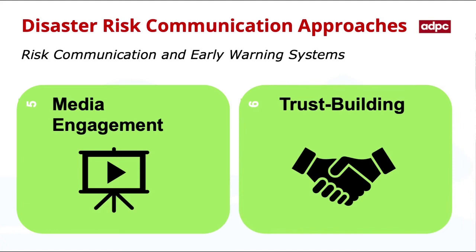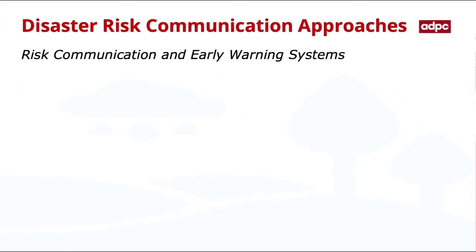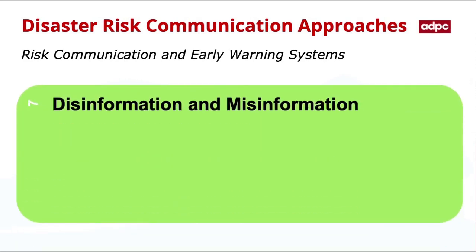Trust building is the sixth element. The public must trust the sources of information if they are to act on warnings and follow guidance. If agencies have a problem with trust, it is important for them to partner with trusted intermediaries such as local leaders. Finally, the seventh element is about tackling disinformation and misinformation.